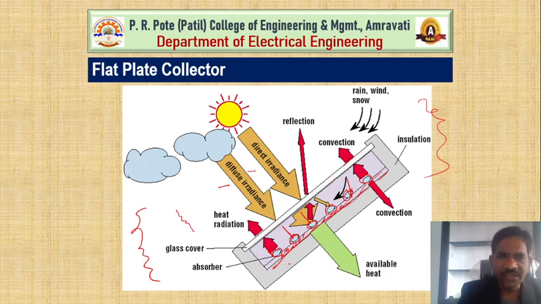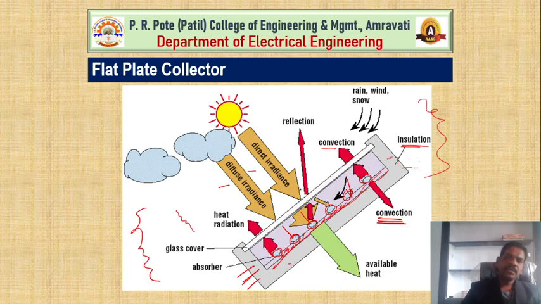So heat transfer here is by two modes: convection and radiation, guys. From this glass cover, the heat is transferred to the absorber plate, and from the absorber plate it is transferred to the tube, and this is done with the help of convection. To prevent heat losses from the glass cover or from the system to the surroundings, insulation material is used to avoid the heat losses.